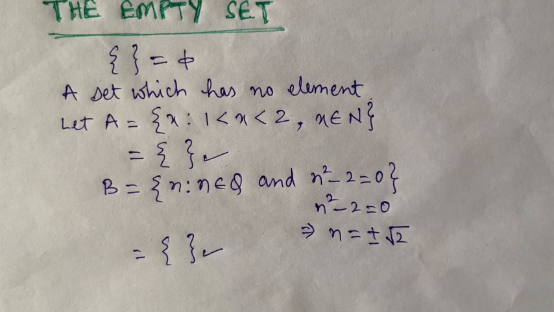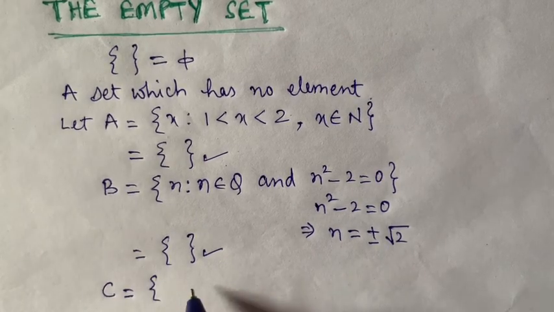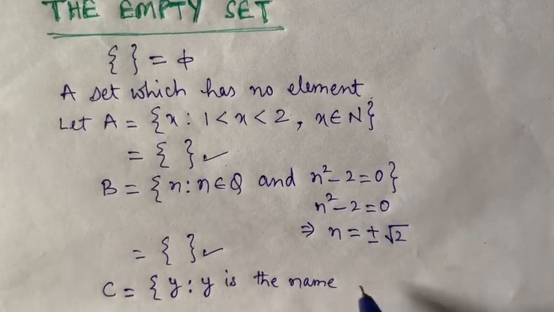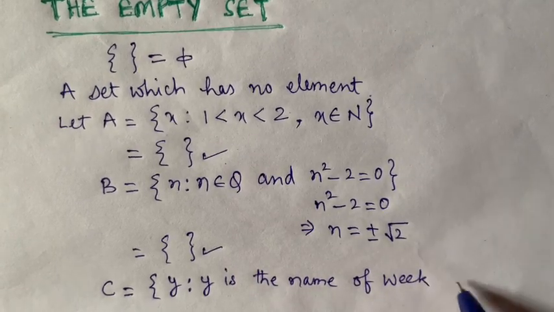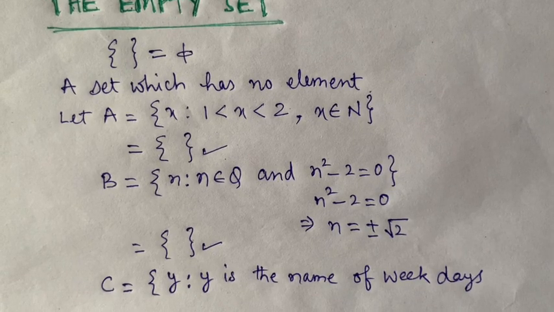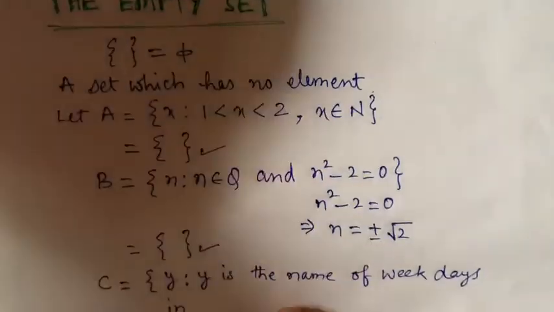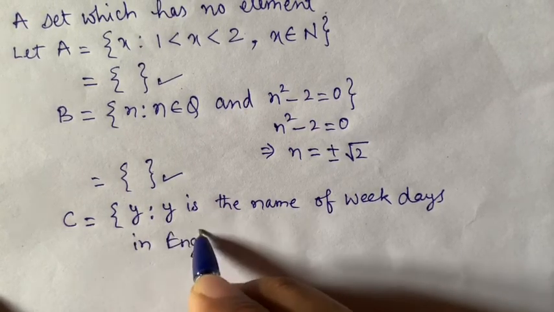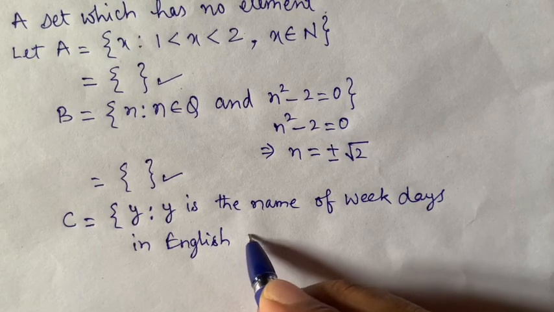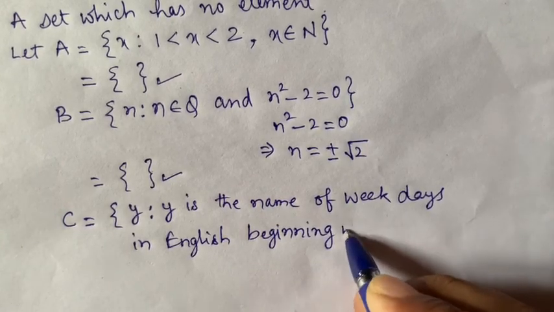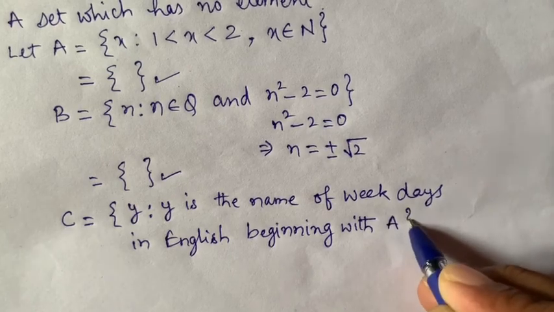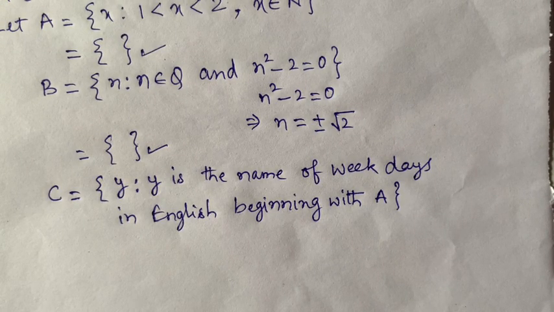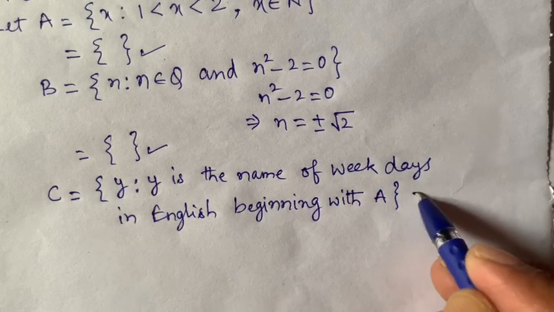Again consider set C which is defined as y such that y is the name of a weekday in English beginning with A. Now if you look at the names of the days in a week, no day starts with the letter A. So we won't be able to write any element for this.